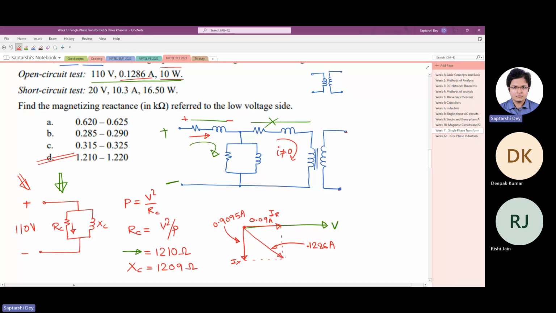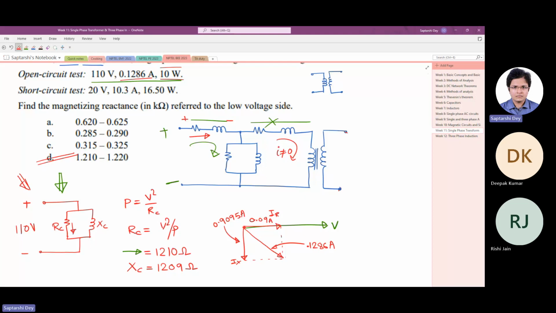Anyway, the inductor doesn't consume any power, so the 10-watt power is consumed by the resistance only, the magnetizing branch resistance, which basically represents the core loss of the transformer.